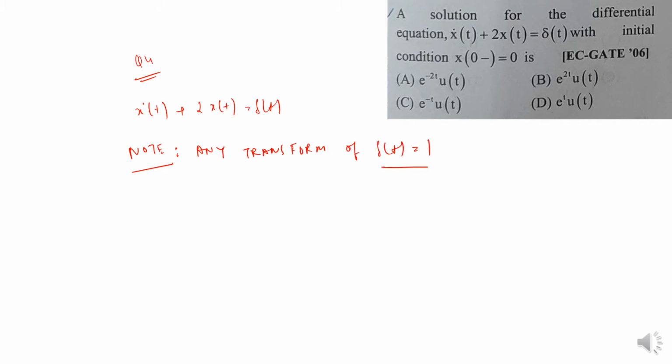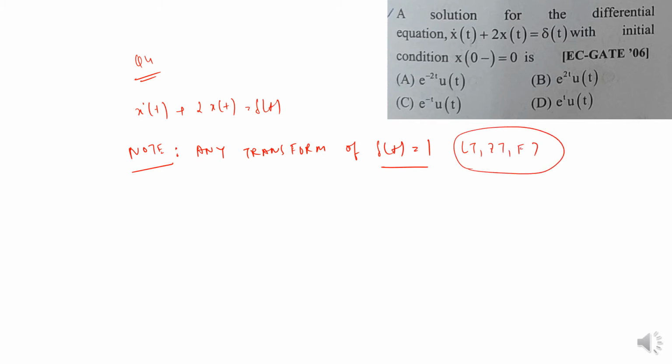Now question number 4. We have been given an equation x dot of t plus 2 into x of t is equal to del of t. One very important note: any transform of del of t is equal to 1. Laplace transform, Z transform, Fourier transform, it is 1.